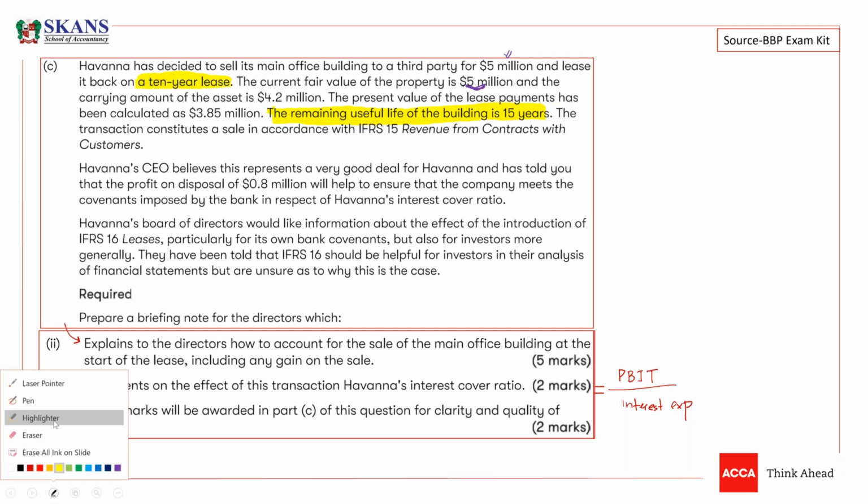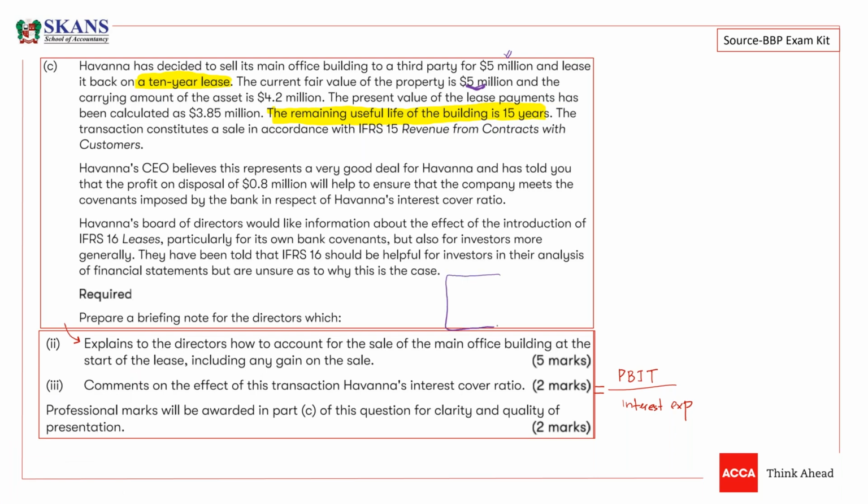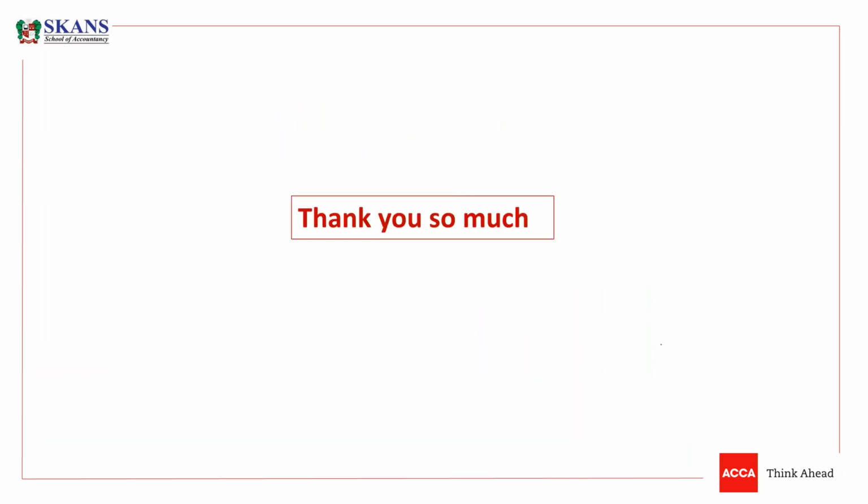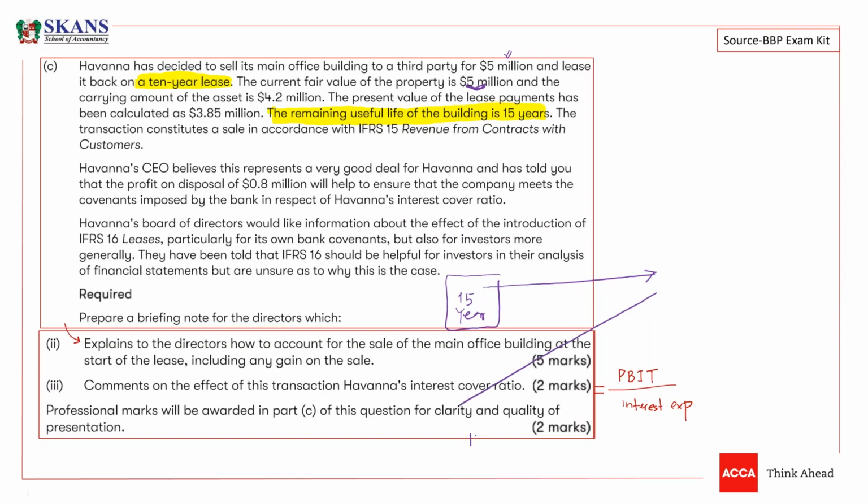What does it mean? It means the asset had a benefit of 15 years. You are selling 15 years, and then you are taking back only 10 years.